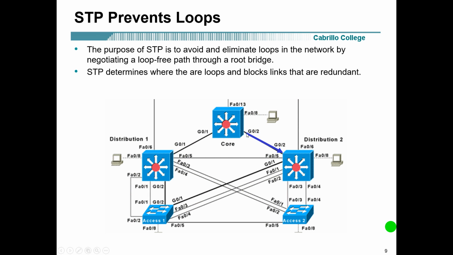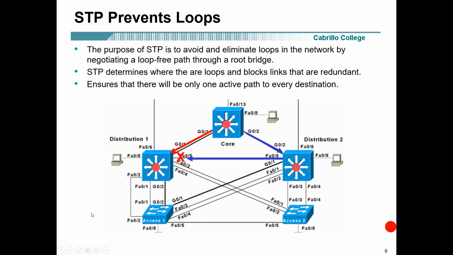For example, this may be a redundant link. That's a redundant link. It may shut down one of them, because if they shut down this link, traffic will flow this way. So what we could do is turn off this link right here, to ensure that there is only one active path to every destination.